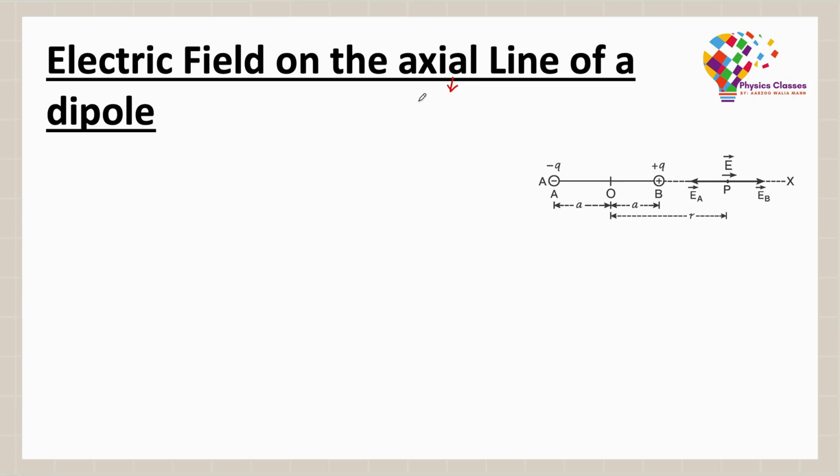A line that passes through the centers of the two charges involved in the electric dipole is called an axial line.